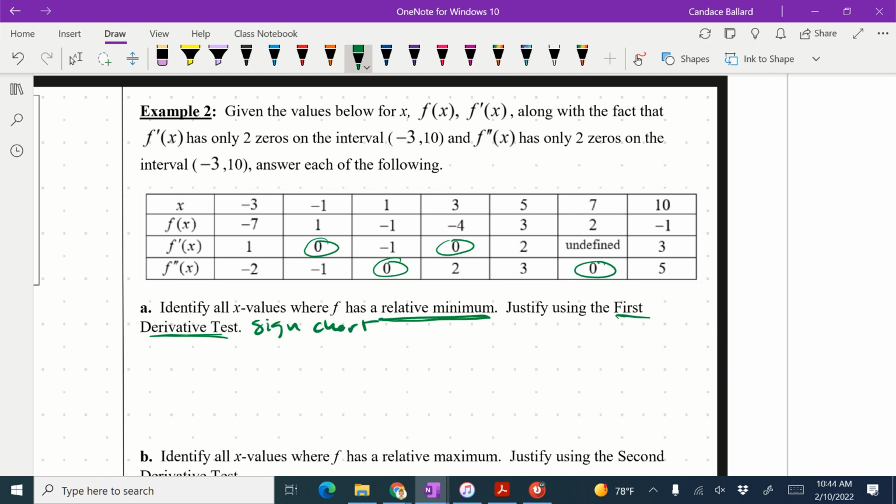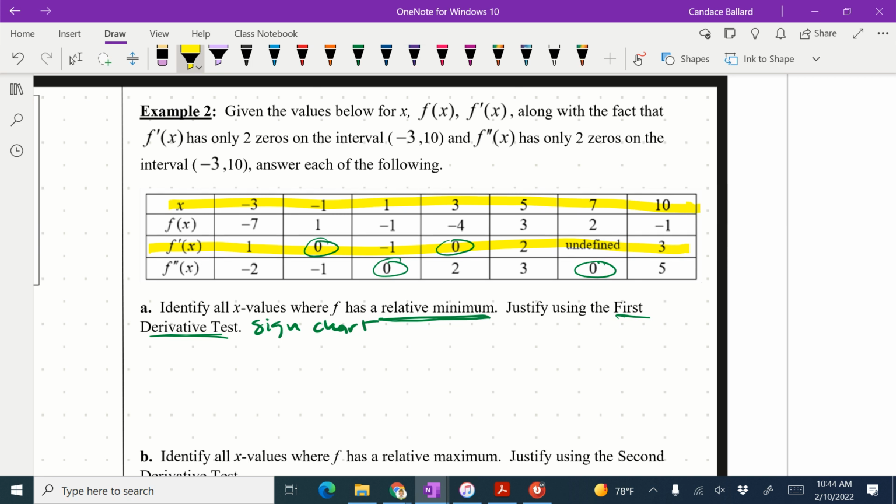For me, I have a really hard time just looking at the numbers in the table and translating that. I always go back to my tried and true and I write out my sign chart based on the table. So I am specifically looking at this row and I'm going to use my x values.